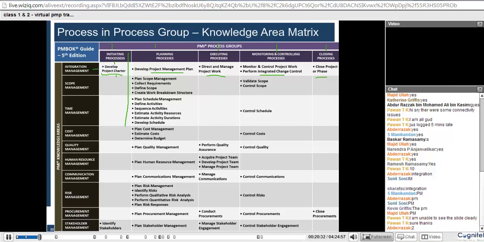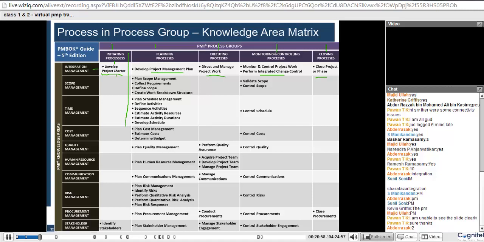Now similarly in planning, you have processes from all the knowledge areas. You can see that not even a single knowledge area row is empty when it comes to planning. So every knowledge area is contributing to the planning process group. Similarly in execution, again we have quite a few processes, then in monitoring and controlling, and then in closing.